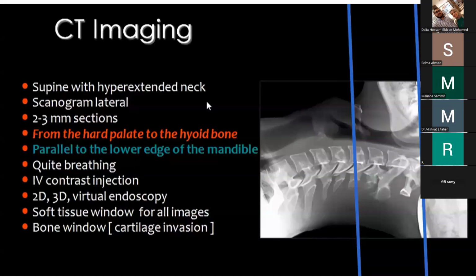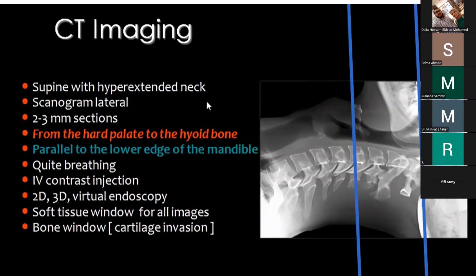Here is the CT technique. The patient lies supine with the neck slightly hyperextended, and we start with a lateral scanogram to plan the slices. We take 2 to 3 millimeter sections, angled parallel to the lower edge of the mandible, and key for our region. And that coverage runs from the hard palate down to the hyoid bone.